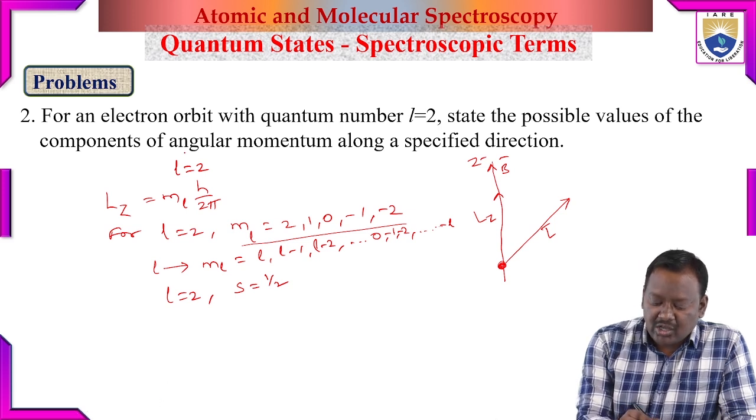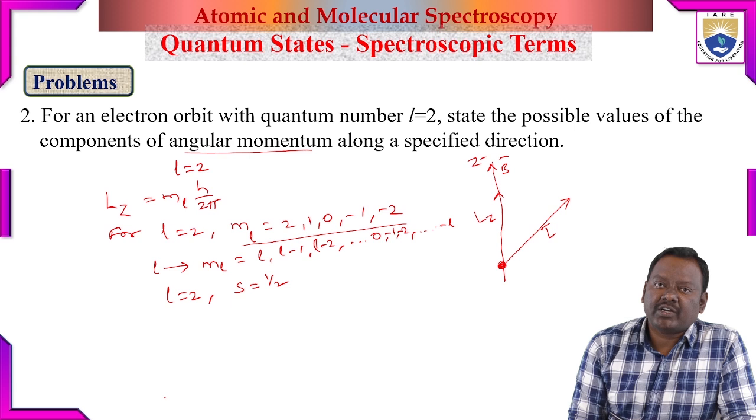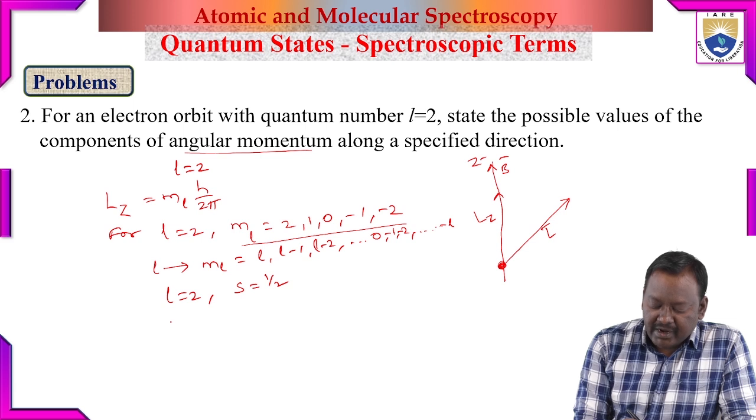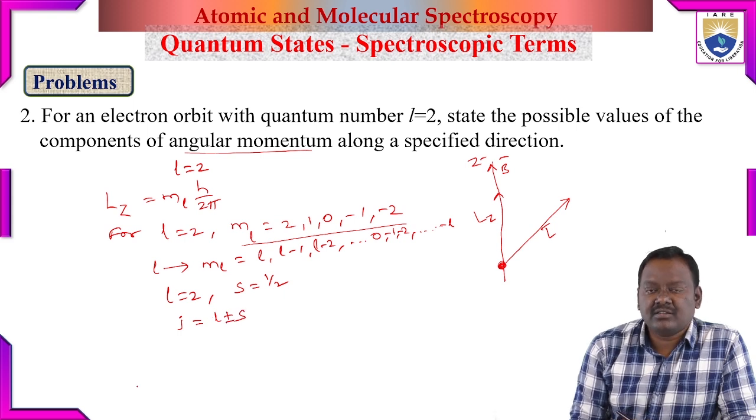Here angular momentum means total angular momentum. They are asking for total angular momentum. So to find the total angular momentum, we need to find J values. J can be calculated as J equal to L plus or minus S.